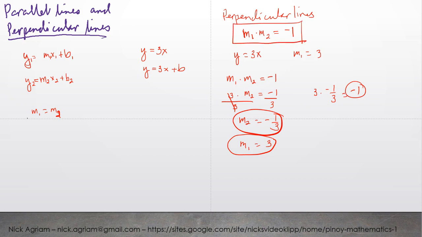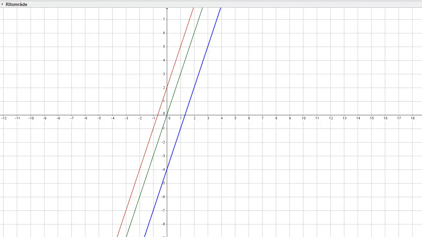So if I go back to our graph now, I'm going to write negative 1/3 x.